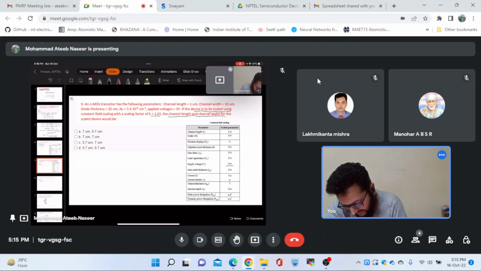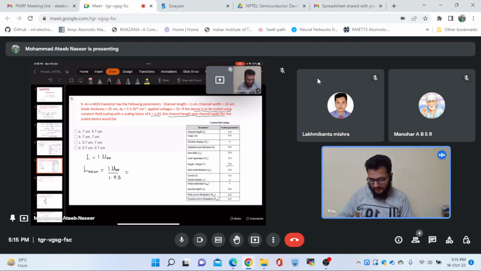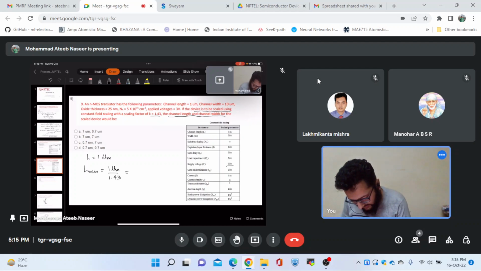This channel length is 1 micrometer, so this L new will be 1 micrometer divided by 1.43. So I think it will be approximately 0.69. 1 divided by 1.43, yes, it's 0.69. So let's write this as 0.7 micrometer.